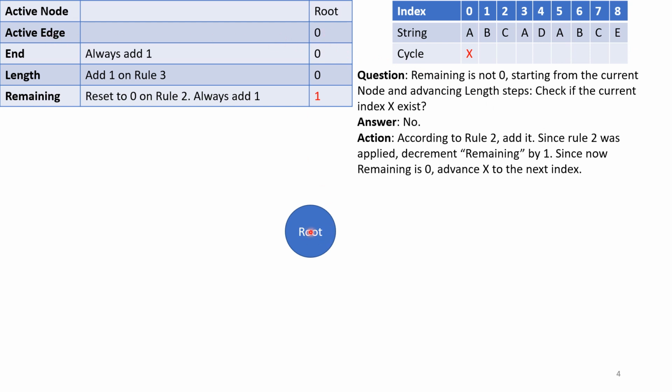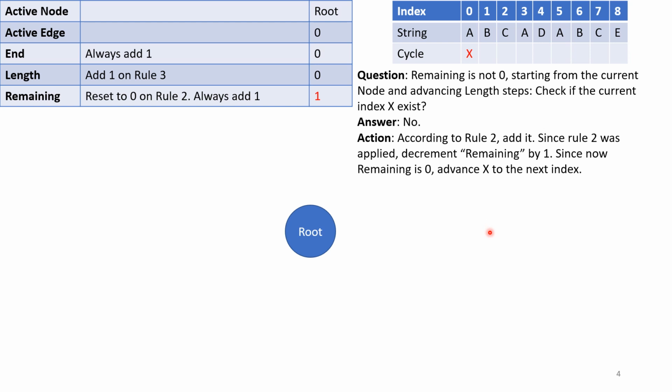We're not really moving because length is 0, so we're still in root. Check if the current index x exists. The current index is A, and no, I do not see any A connected to root. Since the answer is no, we'll take action according to rule 2, which says add it.